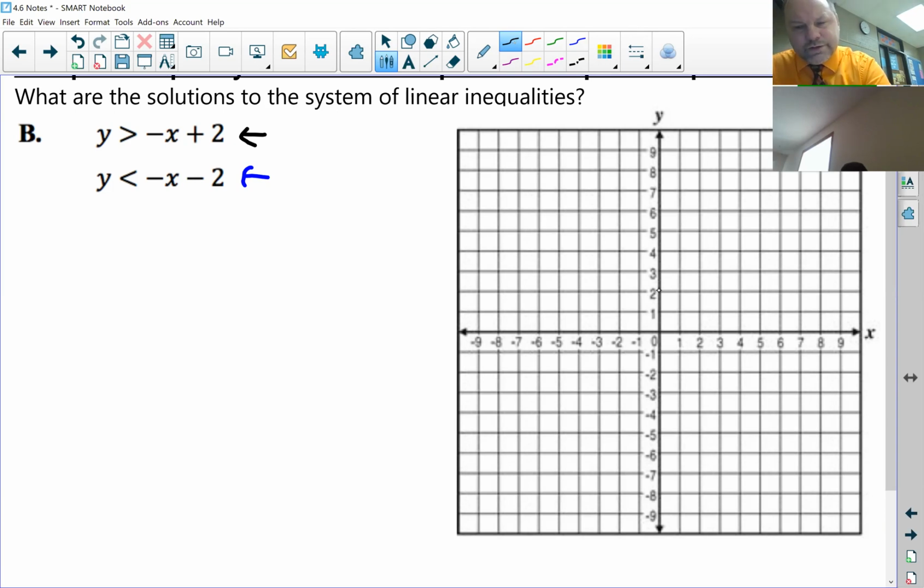So y-intercept of 2, slope of negative 1. Is this going to be a solid line or a dashed line? Excellent. It is going to be a dashed line.